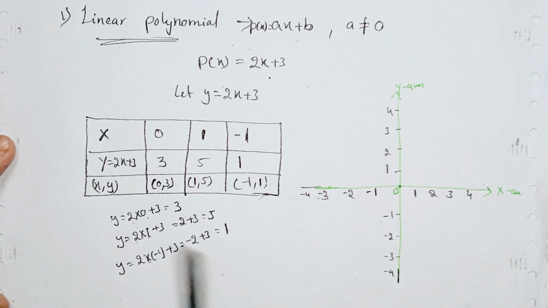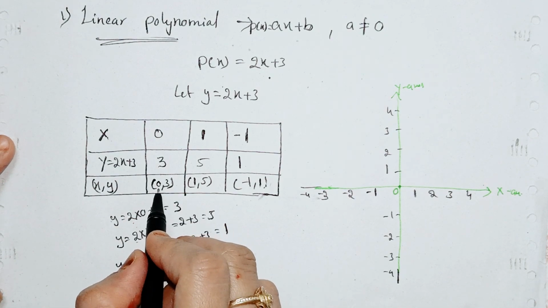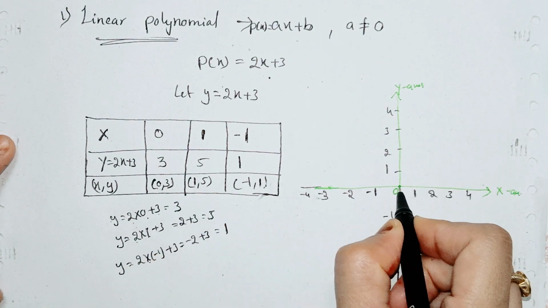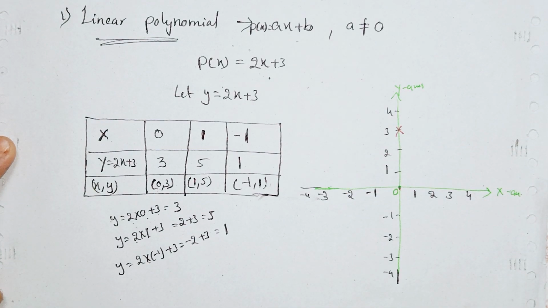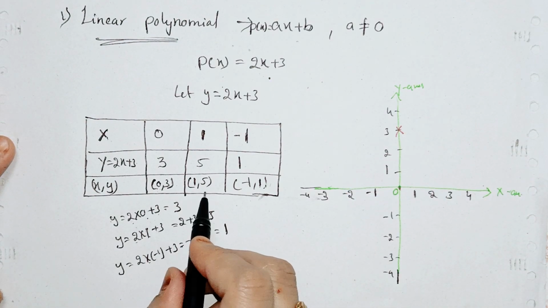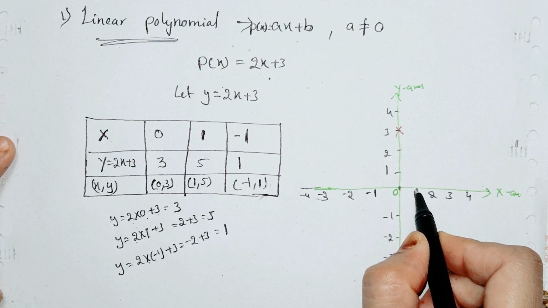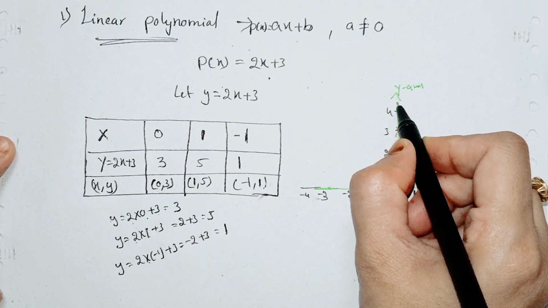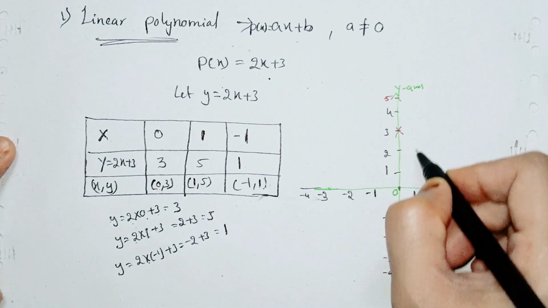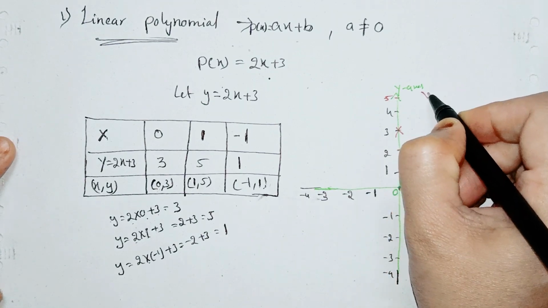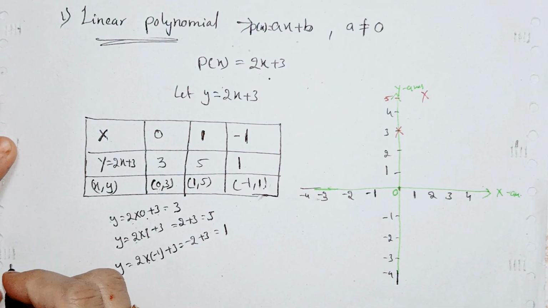Now we'll try to mark these points in the graph. So x comma y, 0 comma 3: this is 0 and 3 is here. Next point is 1 comma 5. 1 is here and 5 is here. So this is the second point.